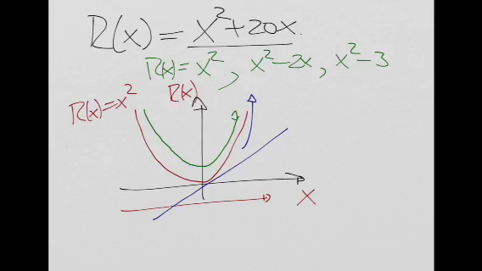So anyway, the idea that I'm trying to get at here is that functions are tools that we use to describe reality. We need a constant rate, that's a line. We need an accelerating rate, that's a quadratic.